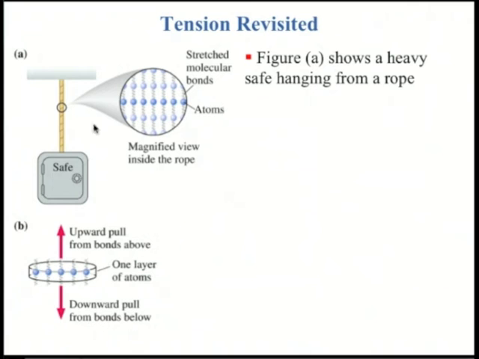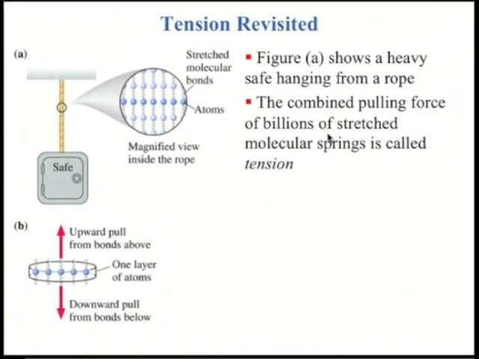Okay, so here's a heavy safe hanging from the ceiling by a rope. And if we look at a magnified view of this rope and we could somehow see all of the atoms, they are connected by molecular bonds which can be modeled as these little springs. So the combined pulling force of these billions of stretched molecular springs is what creates the tension.